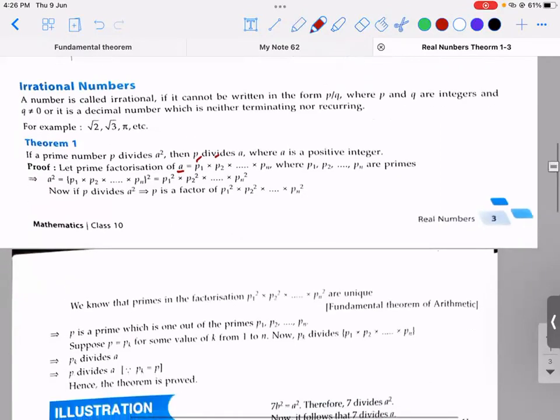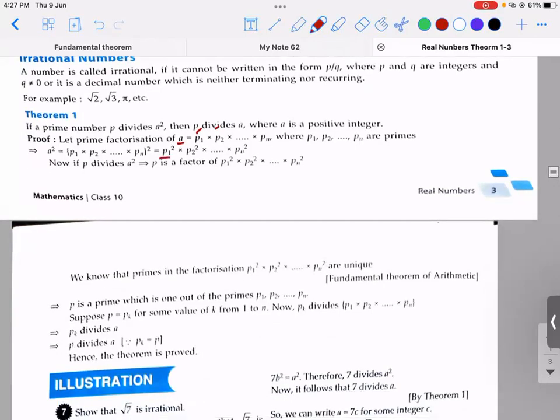When that is the scenario, if you square both sides, a square will be equal to p1 into p2 into so on till pn, the whole square. A square is basically a number multiplied with itself, so when you write it like this, it is p1 square, p2 square, so on till pn square.